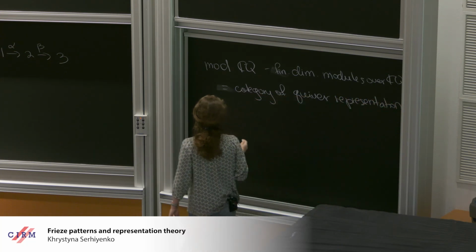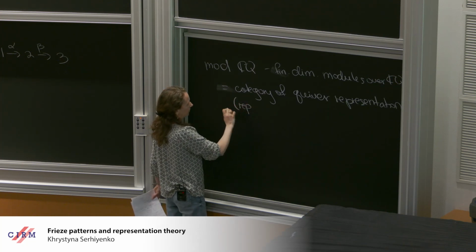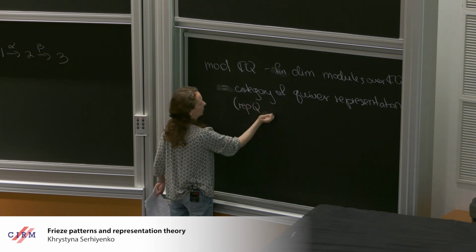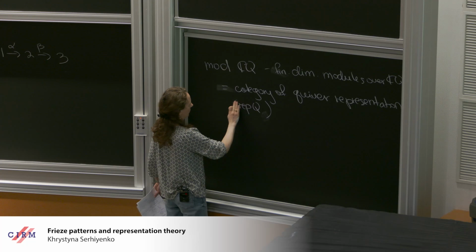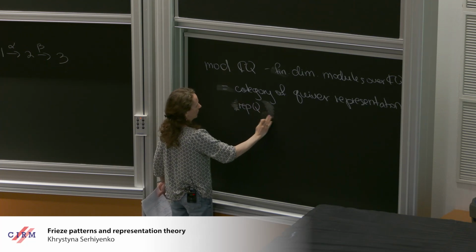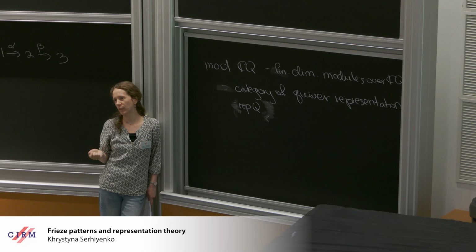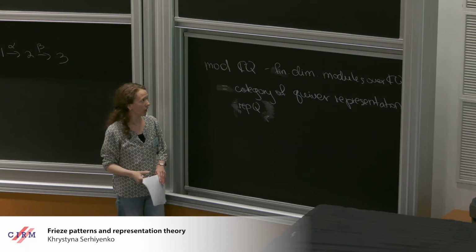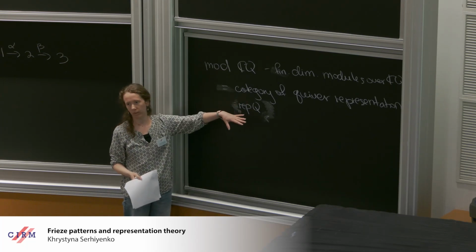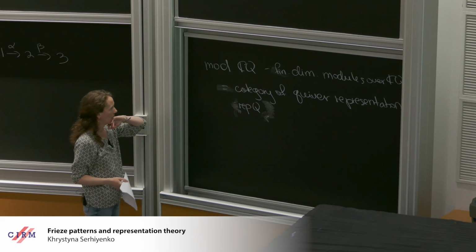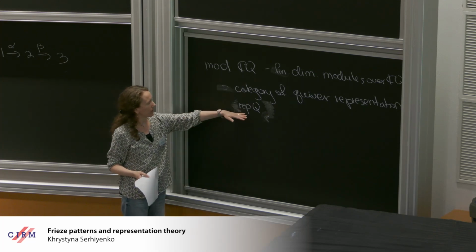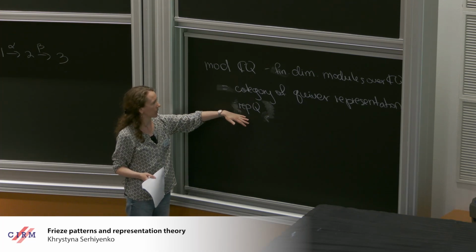And this is often denoted rep Q. And so I'm going to use these terms interchangeably, modules versus representations; it would be the same thing. And so these objects can be quite concrete.